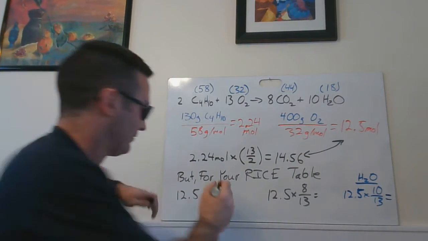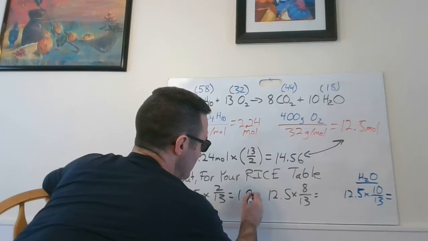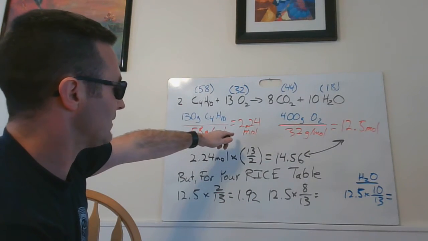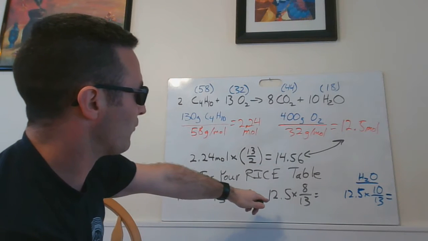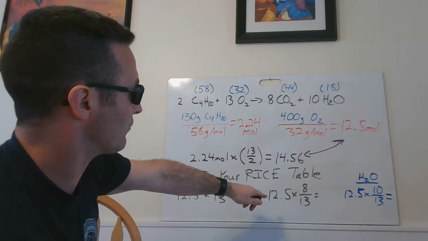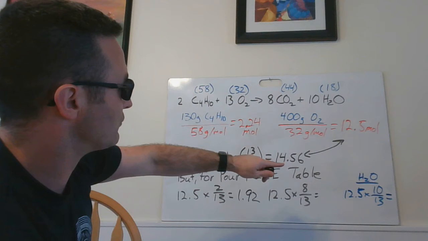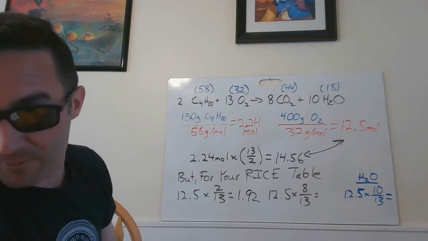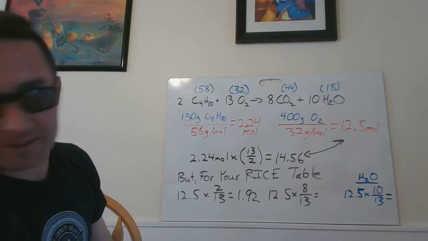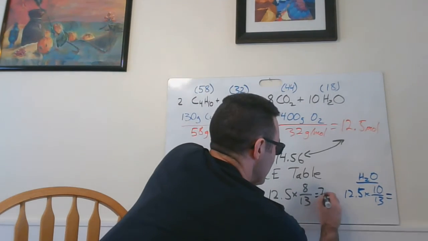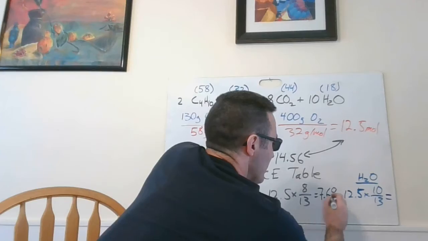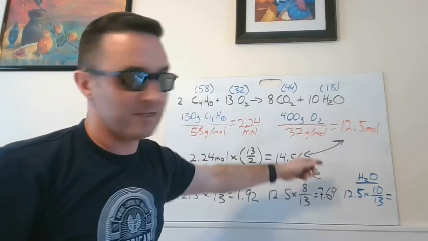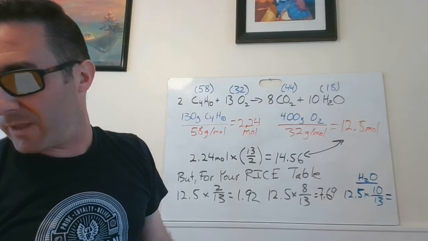Well, that's 1.92 moles. Oh, well, that makes sense. I'm going to have some butane that's left over. Well, now for my carbon dioxide, what's going to go into the rice table? Well, it's going to be 12.5 times 8 divided by 13. Oh, crud, that's 7.69 that goes in there. And then the same thing for water, the 12.5 times 10 divided by 13. Well, that's 9.62.